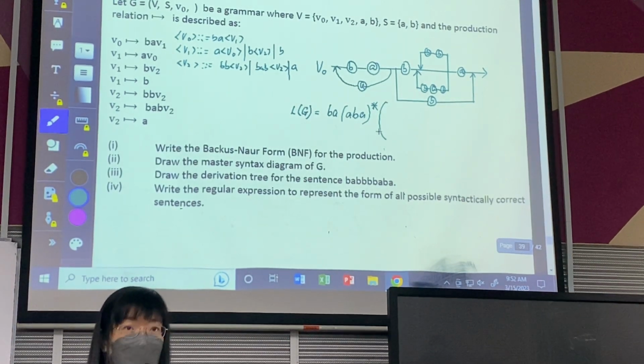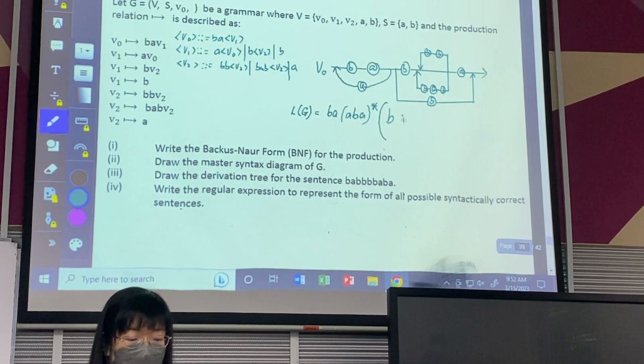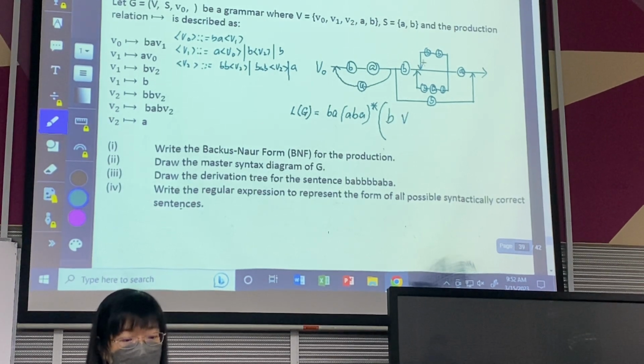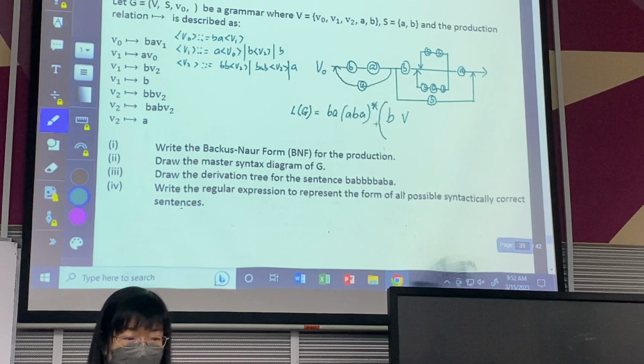So we need to put a bracket with the first one B, since B goes out already, so this one is done already.